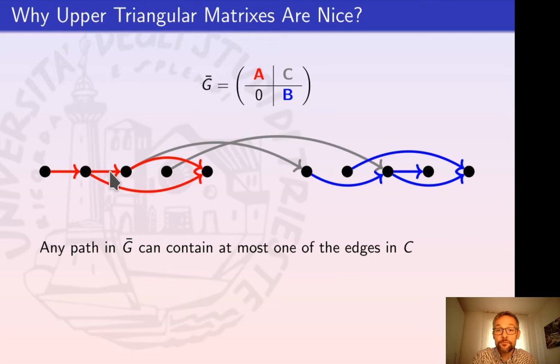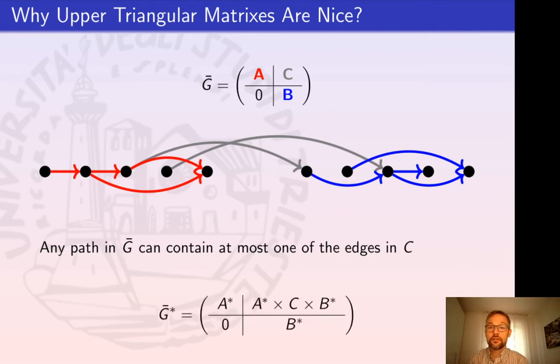And once I move from this node to these nodes along an edge in C, for sure I cannot take another edge in C. So every path in this graph for sure has at most one edge in C. Okay?